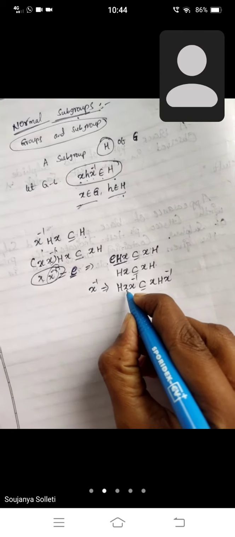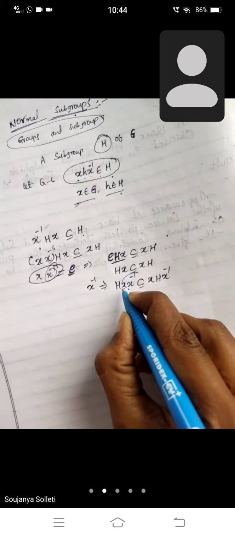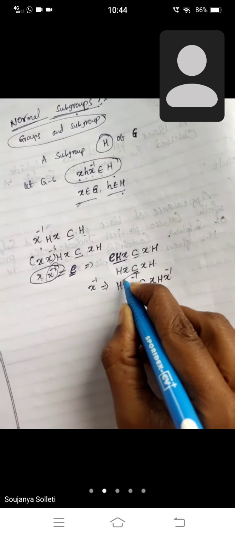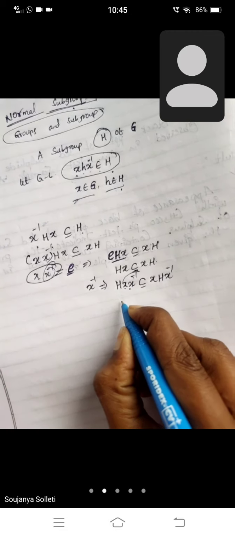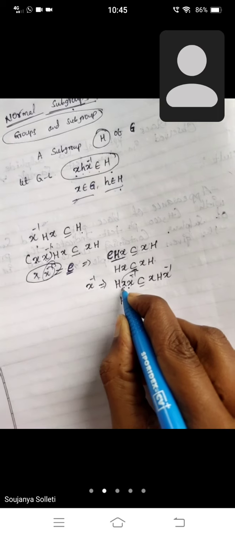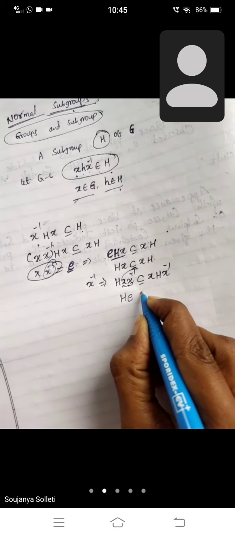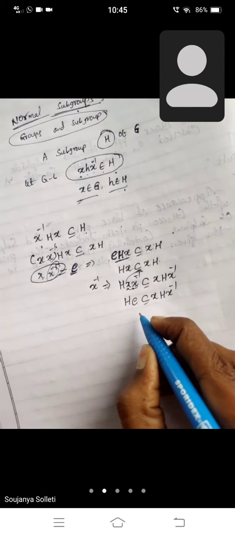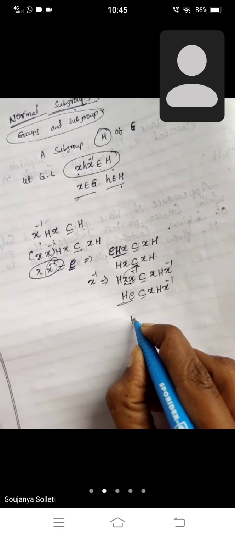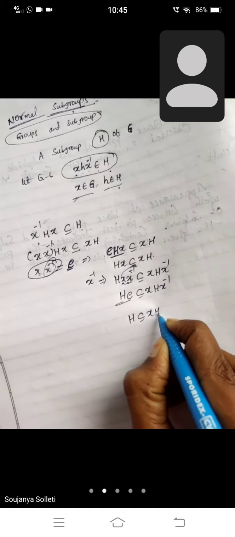Okay, x is an element and x inverse is the inverse element in G, so we get the identity. So we get identity, which is a subset of or equal to x H x inverse.